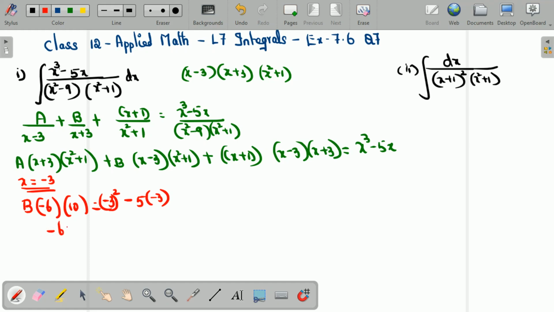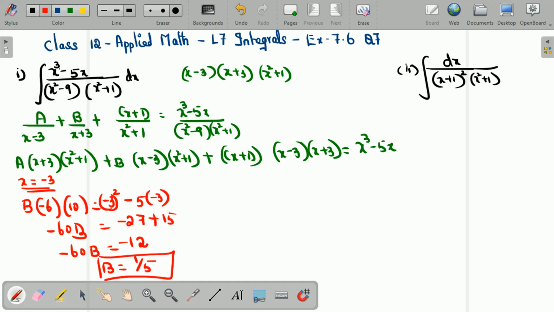So this is minus 60B is going to be equal to minus 27 plus 15. So this is going to be equal to minus 12 is minus 60B, or B is equal to minus 12 divided by minus 60, the minus will cancel, 12 divided by 60 is 1 by 5. So B's value is going to be equal to 1 by 5.